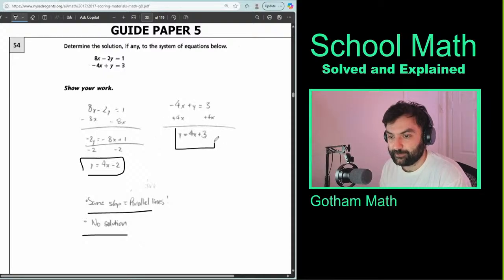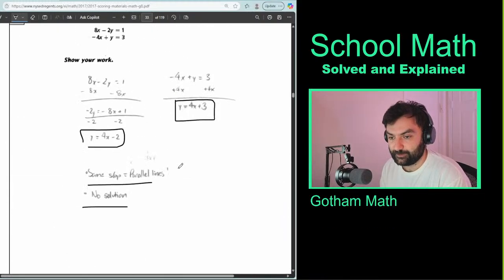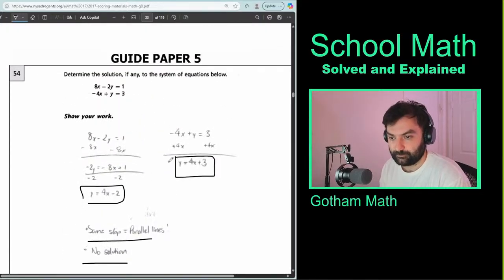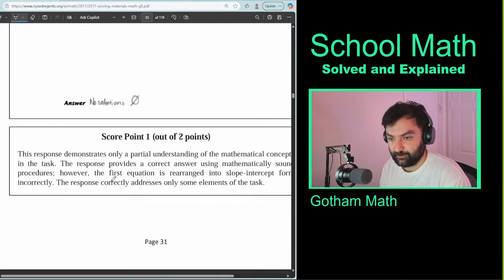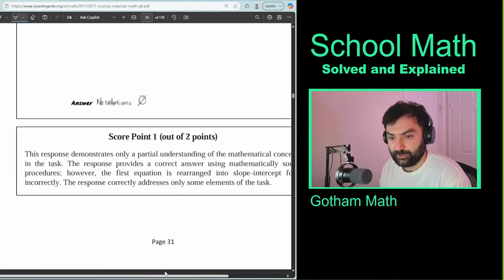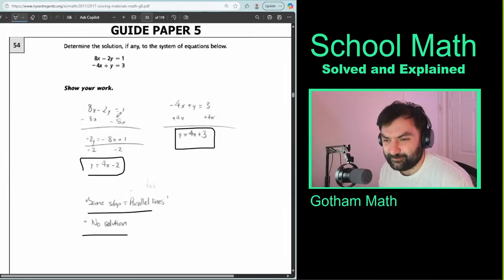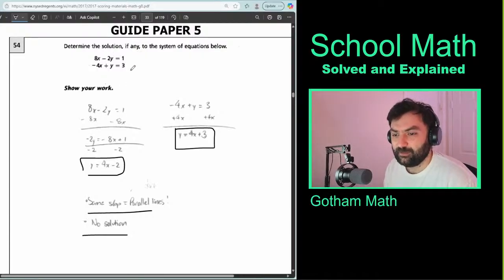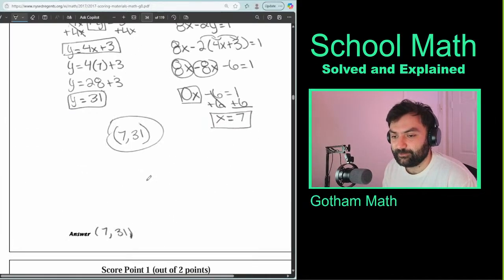Y equals, that's another one. Wow, that deserves a 2. Why is it not 1? However, the first equation is rearranged into slope-intercept form incorrectly. Oh, really? Yeah, did not divide, most likely. Yeah, kept the 1, I guess. Very close, very close.